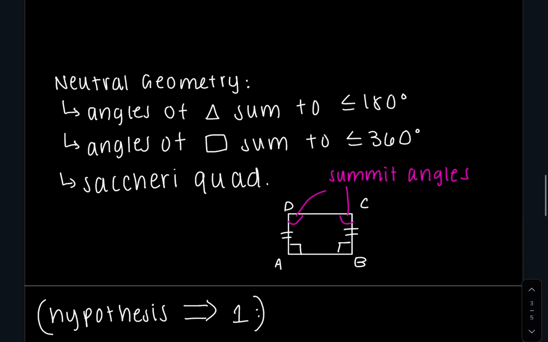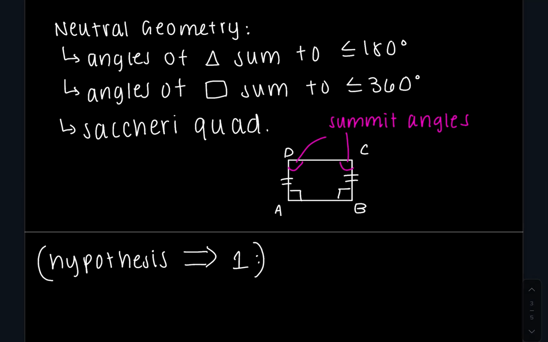Just a few things when we are in neutral geometry. Some things that we know are true are that the angles of a triangle will sum to less than or equal to 180, and the angles of a quadrilateral will sum to less than or equal to 360.